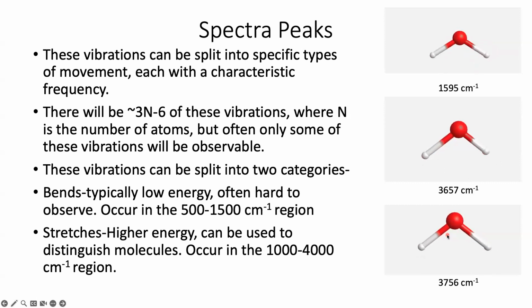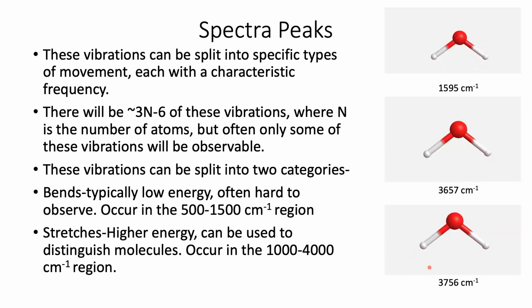Not too important, but worth noting that a lot of these stretches can get a little bit more complicated. Now, the important thing to note here is that the stretches typically occur in between the 1,000 and 4,000 inverse centimeter region. So this is a region we're going to care a lot more about when we're doing spectroscopy, because these stretches are a little bit easier to use to identify a molecule.